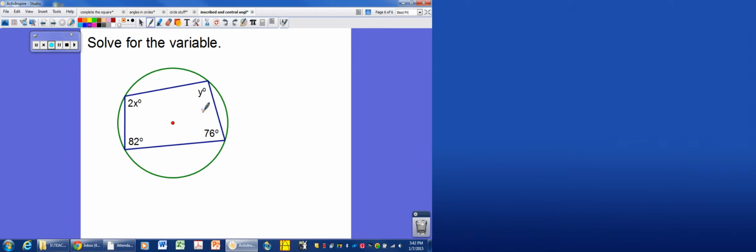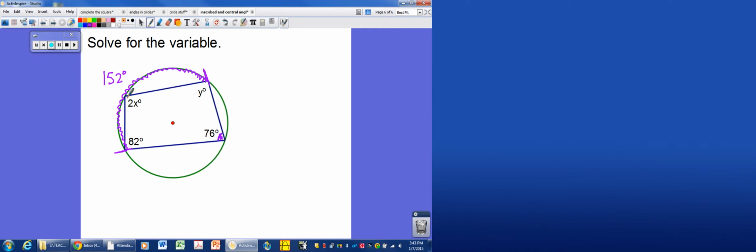But what we do know is that if this is 76 degrees here, that means this is the arc that it intercepts, all the way over to here. You take the chords and you draw them out. So if this angle is 76 degrees, that means this is a 152 degree arc, all the way from here to here.